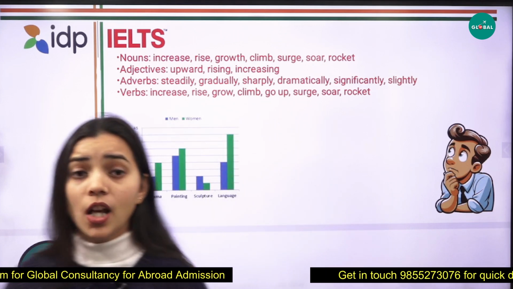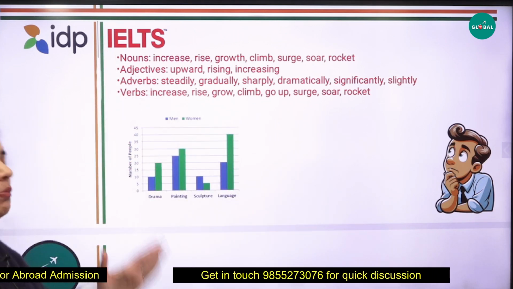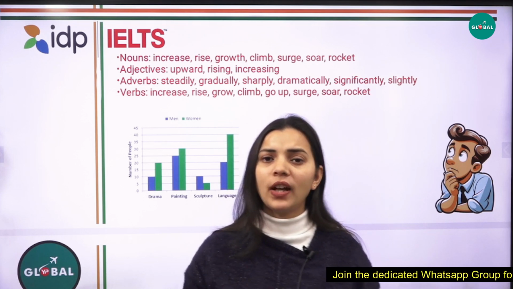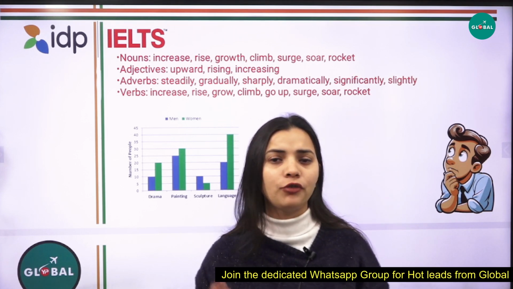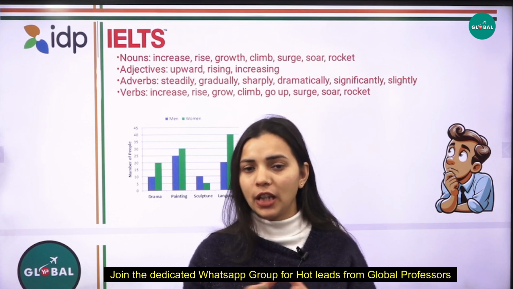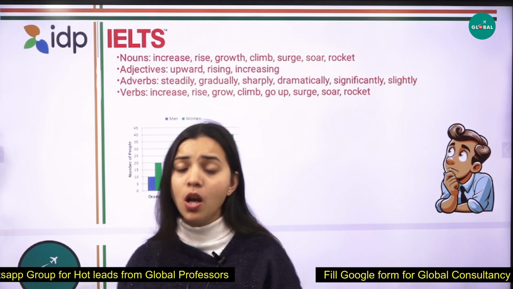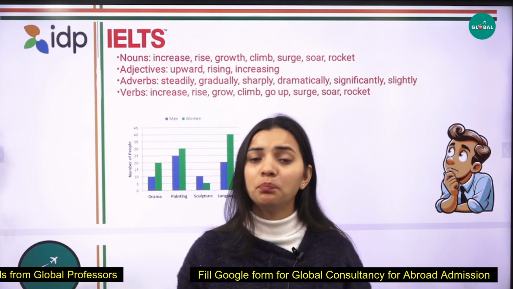So this is the vocabulary for when your variable is moving and you have to showcase the increasing trend in your task 1. This is specifically applicable for the line graph and the bar graph, where your variable is moving. You will be provided more than 1 year, a time period.